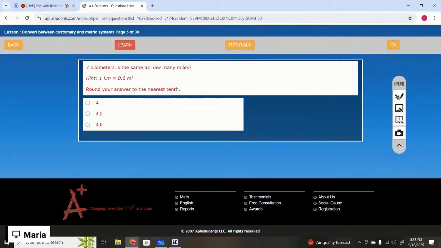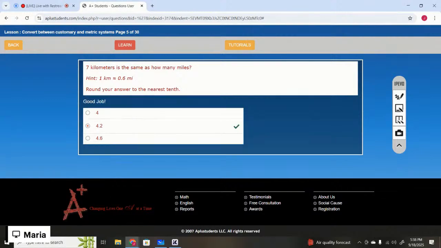Seven kilometers is the same as how many miles? So 7 times 0.6 is 4.2. Option number 2 is the correct option.